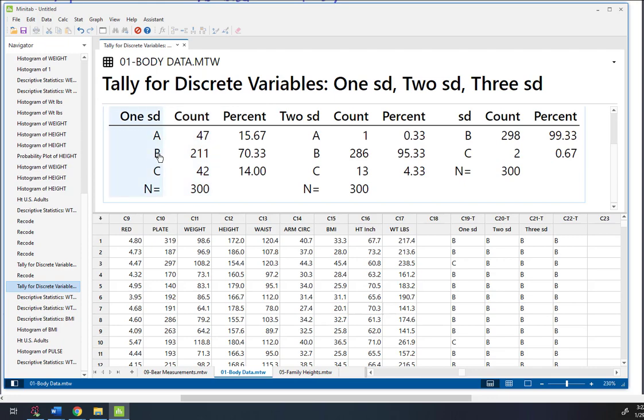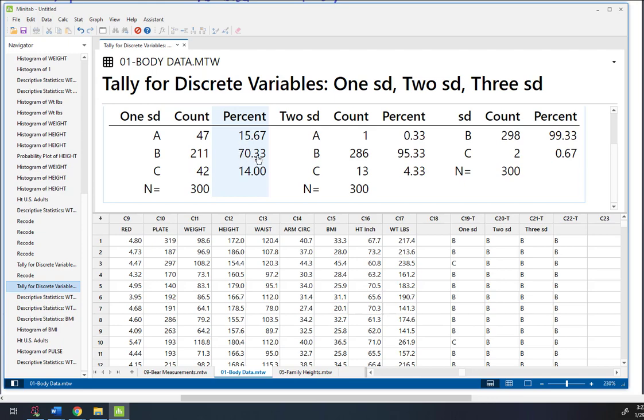And the B would be the count of people that fell in that category, plus and minus 1 standard deviation. That actually would be 137 pounds to 224 pounds. There were 211 out of the data set that fell into that box, and that turned out to be 70%.